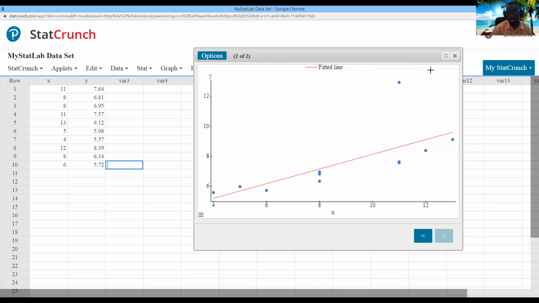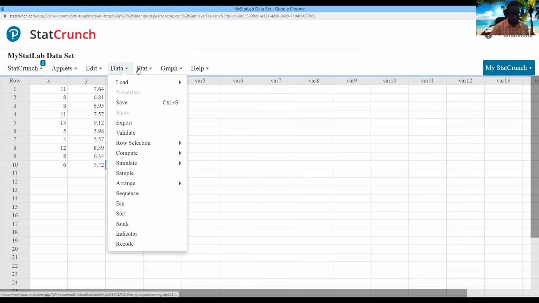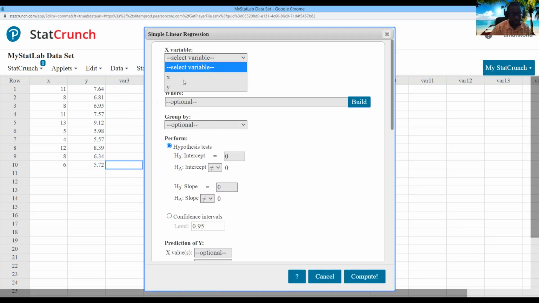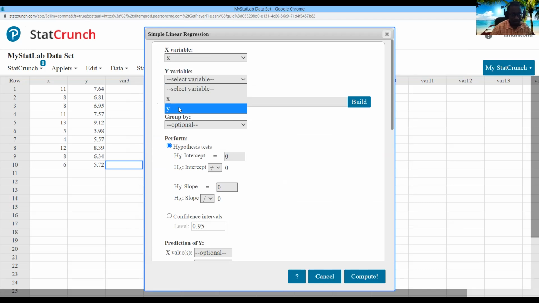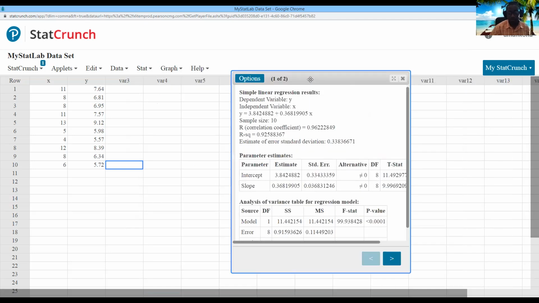Let's construct the regression again. Go to stats, regression, simple linear, X, and then Y. There will be a vast difference between them.